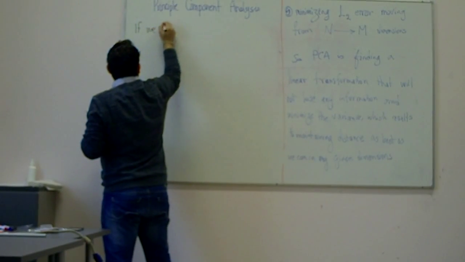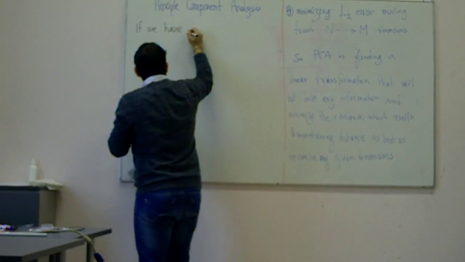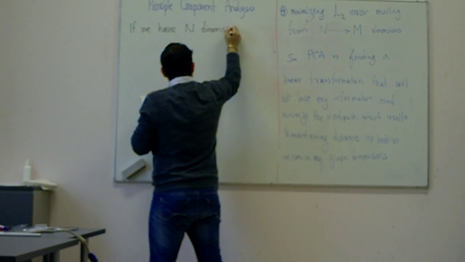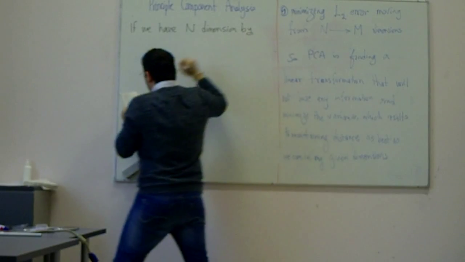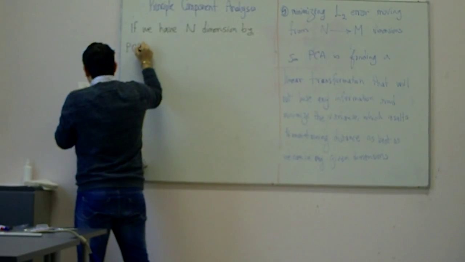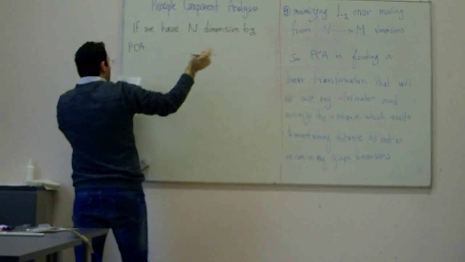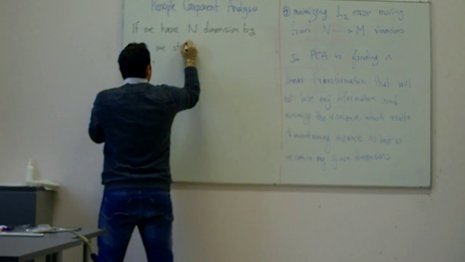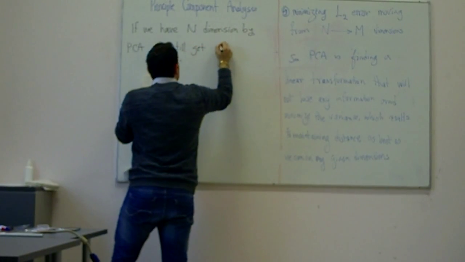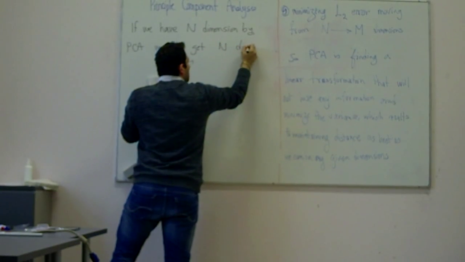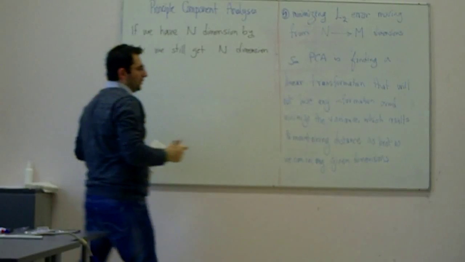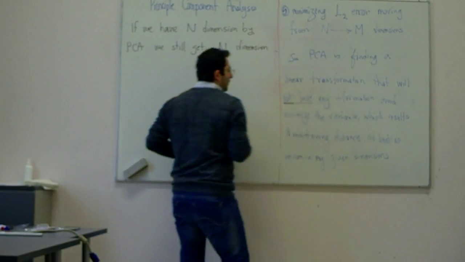If we have n dimensions, by PCA transformation we still get n dimensions, obviously, because we lose no information.